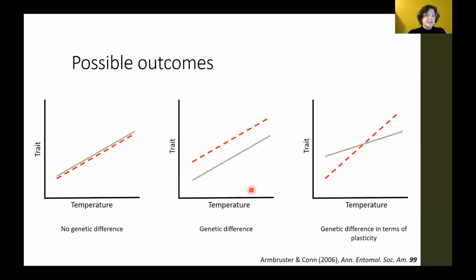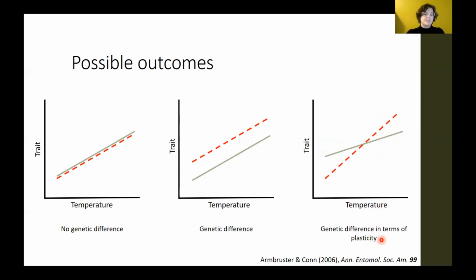However, it could also be that they still respond to temperature in the same way, but one population consistently grows faster than the other population. So in that situation, there is a genetic difference, but no genetic difference in the way they respond to temperature. In this final graph, we again see two different responses.